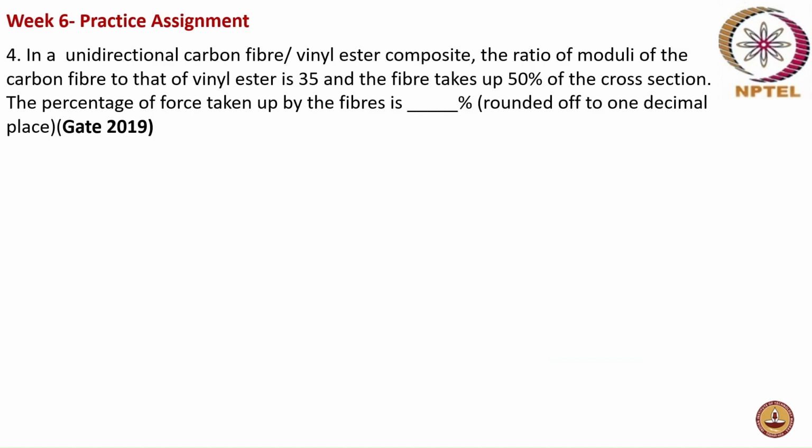Next. This question is also a very similar question. In a unidirectional carbon fiber vinyl ester composite, the ratio of moduli of carbon fiber to the vinyl ester is 35 and the fiber takes up 50% of the cross section. The percentage of force taken up by the fibers is dash percent.